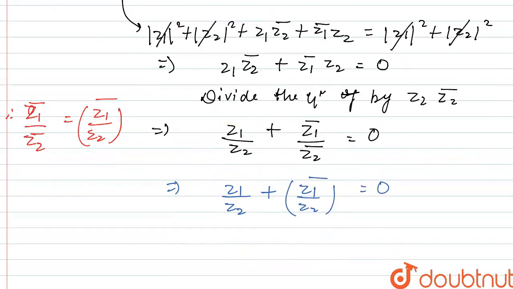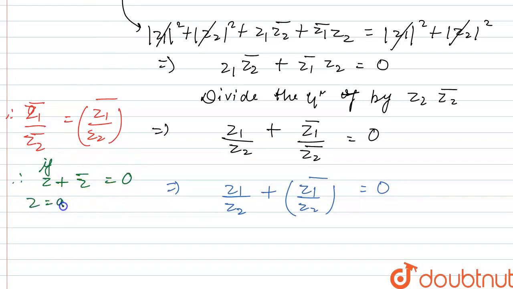Okay, so one important thing to note is that if we have some number, let's say simply z, and z plus the conjugate of that number is equal to 0, then what will this mean?